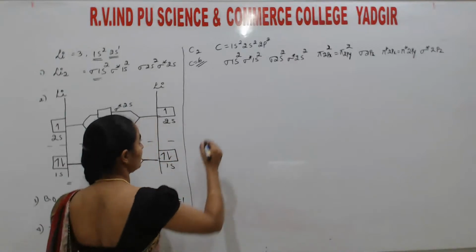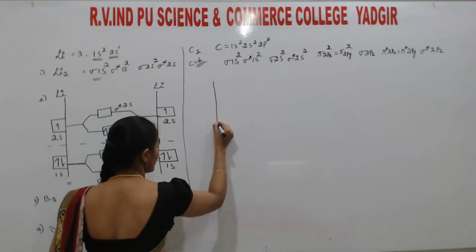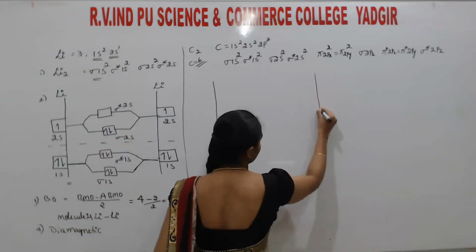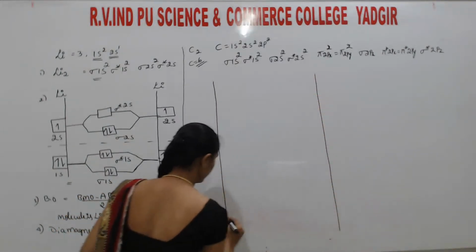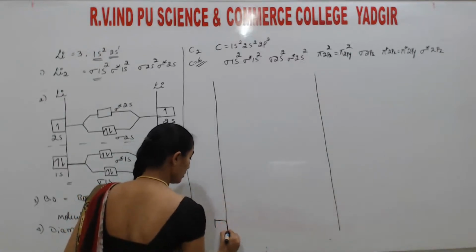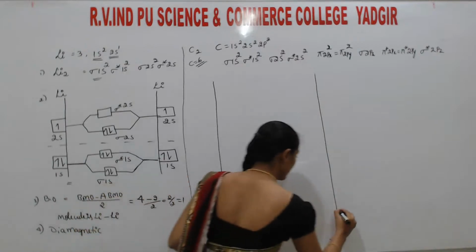Now write the diagram. Just consider here the molecular orbital diagram. Okay, so this one is the 1s orbital.